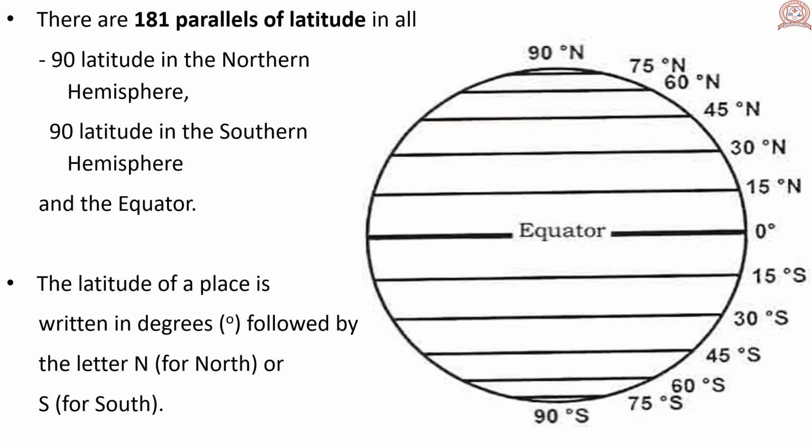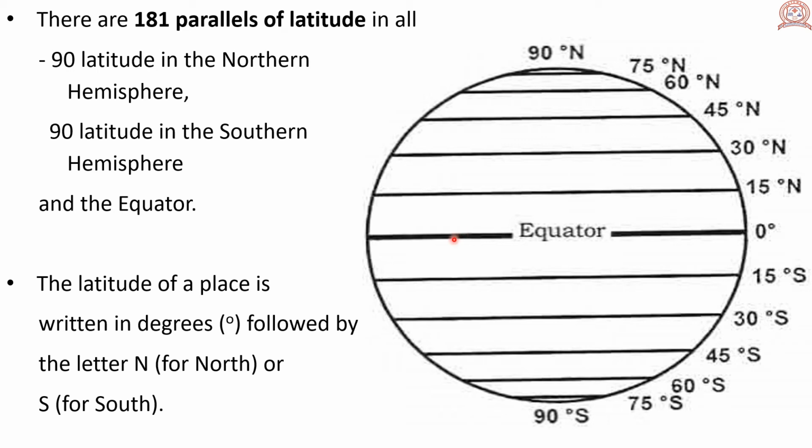How many parallels of latitude are there? There are 181 parallels of latitude in all. 90 latitudes in the northern hemisphere, 90 latitudes in the southern hemisphere, and the equator. From the equator 1, 2, 3, 4, 5, 6 up to 90 latitudes in the northern hemisphere.